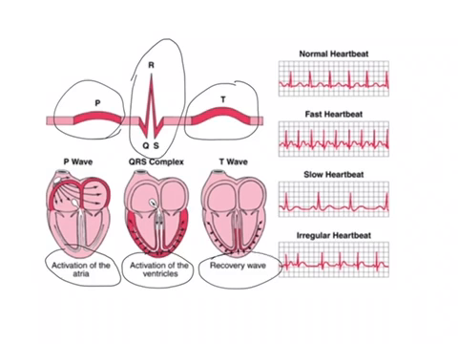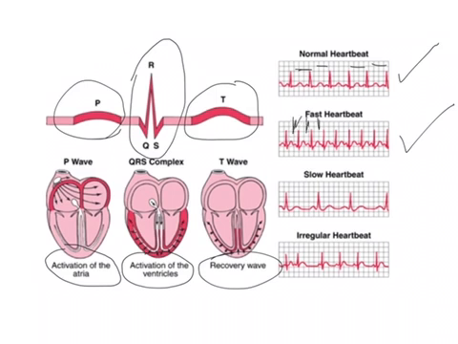If we look at these things right here, we see this is a normal heartbeat. You can look at how many squares are in between these little peaks, and you can see that that's pretty normal. Now this is what we call tachycardia, which is a fast heartbeat. You can see that there's less time in between each of these little peaks.